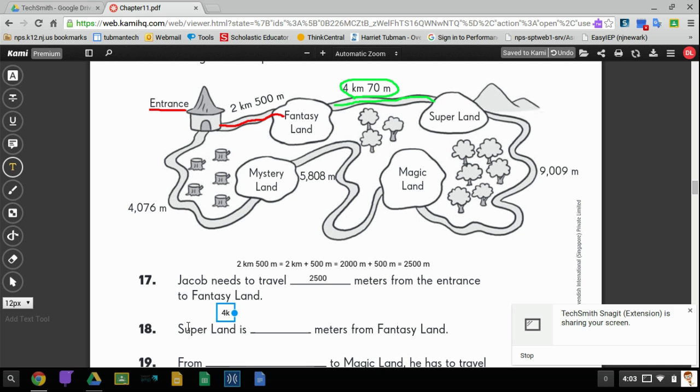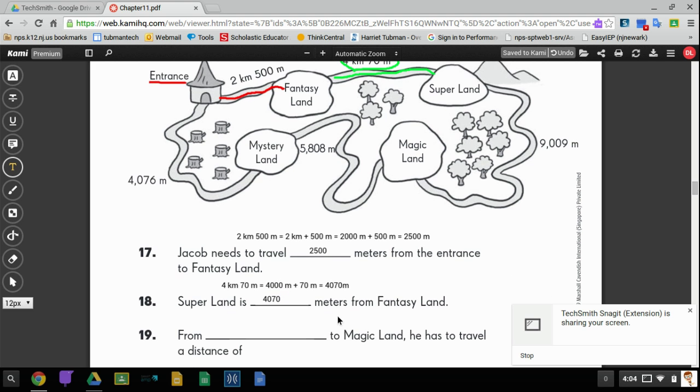I'm going to split that up so I know my 4 kilometers really is 4,000 meters. And I have to add that on to my 70 meters. And when I add that together, I get 4,070 meters. So I know Superland is 4,070 meters from Fantasyland.